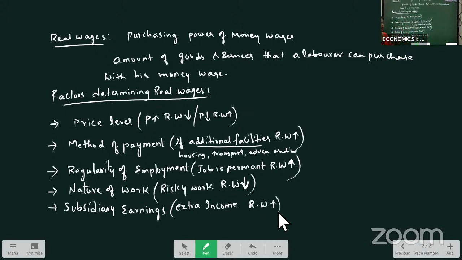When a person is earning extra income other than his wages, then his real wage will be high. Okay, so these are subsidiary earnings.